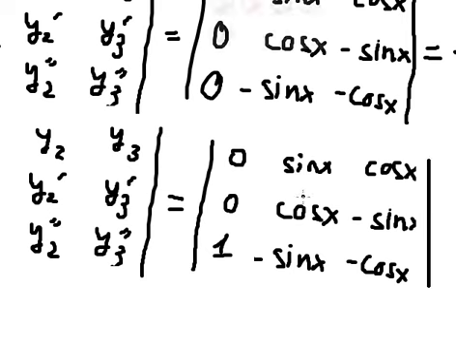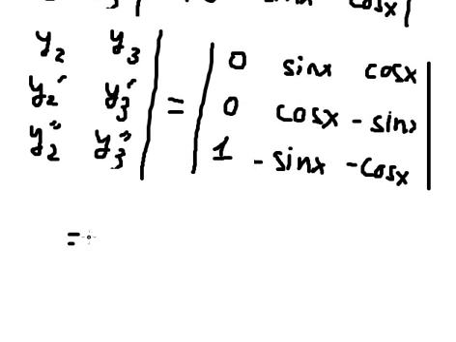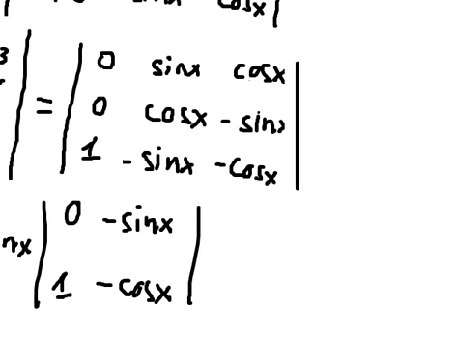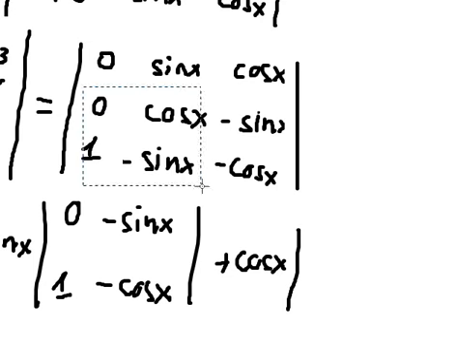Now for the first one, 0 multiplied by this one, you got number 0, minus sin x multiplied by the matrix form 0, 1, negative sin x, negative cosine x, and then we have positive cosine x multiplied by the matrix of this one.